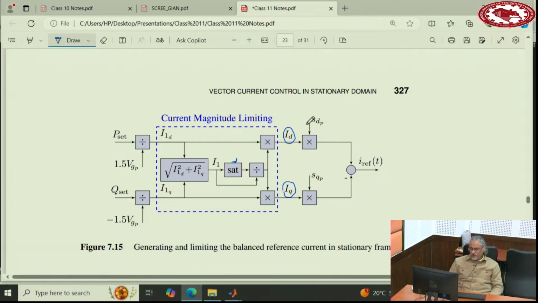Then you multiply into SDP, and this SDP is a vector. Remember, it has two components, and SQP is also a vector. And then you do this subtraction, that gives you the reference. So this reference is sinusoidal in alpha beta, and it has this property that its magnitude never goes above the saturation limit that you put here.